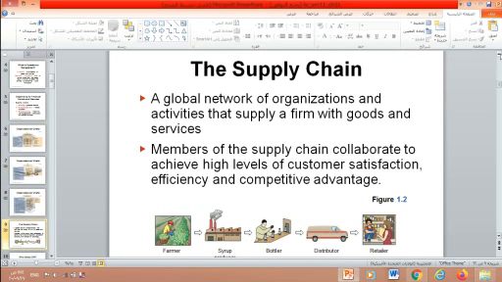Those suppliers, when taken together, are called the supply chain. So the supply chain is a global network of organizations and activities that supply a firm with goods and services.